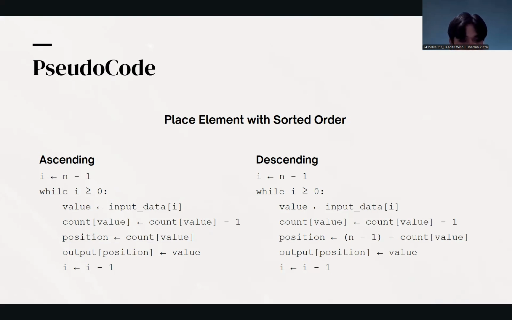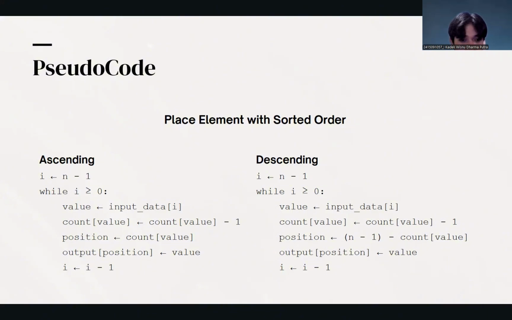After the condition is true, we create a variable with the name value and store the input data array at index I, and we set count array with index value to the value of count array index value minus 1.